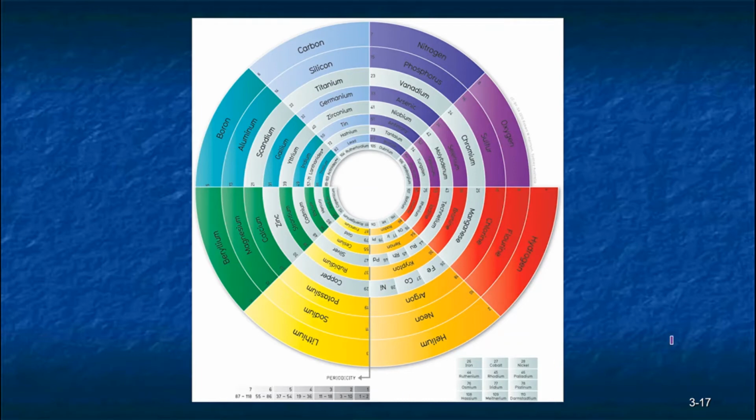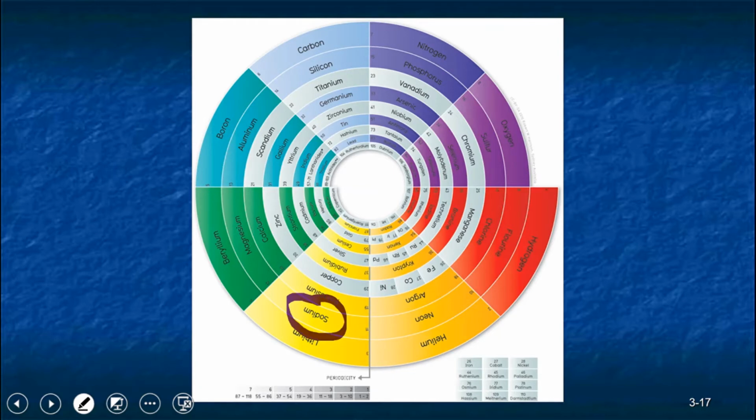Let's consider now the element sodium. On the periodic table, sodium is on the left side of the table and all the noble gases are on the right side of the table. It seems like the distance from sodium to helium, neon, or argon is the same.